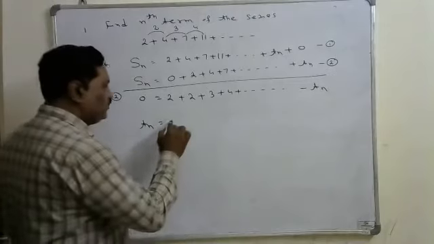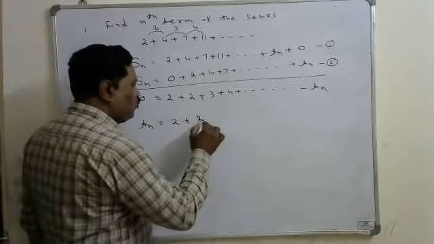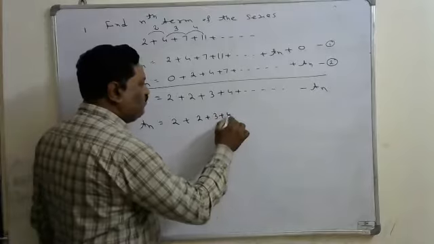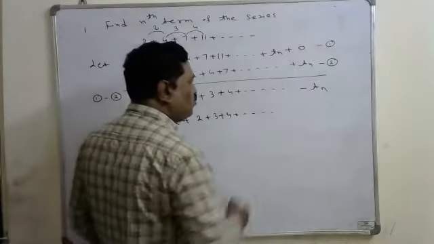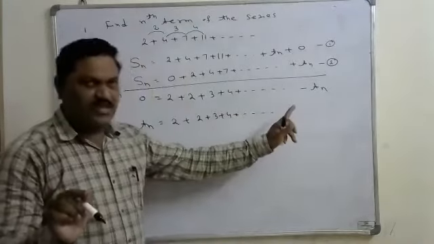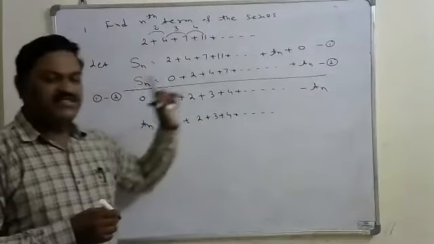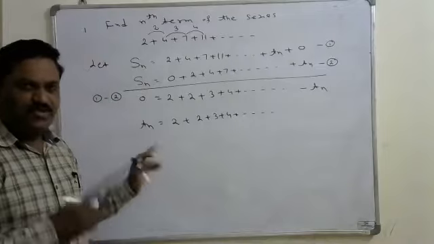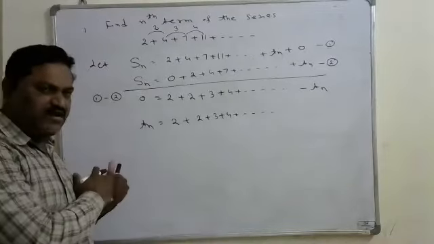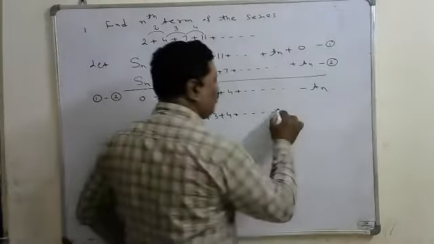Tn is equal to 2 plus 2 plus 3 plus 4 plus, and so on. In total there are n plus 1 terms. Out of those n plus 1 terms, 1 term we bring to this side, so the remaining n terms will be there.